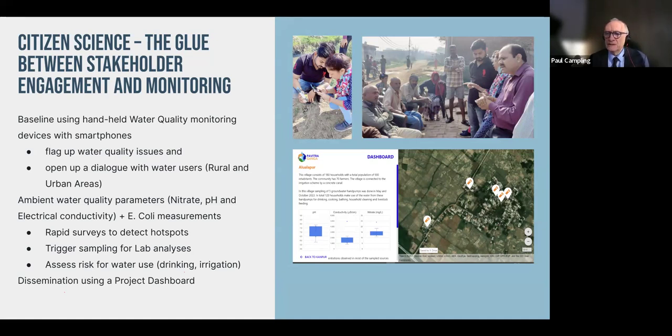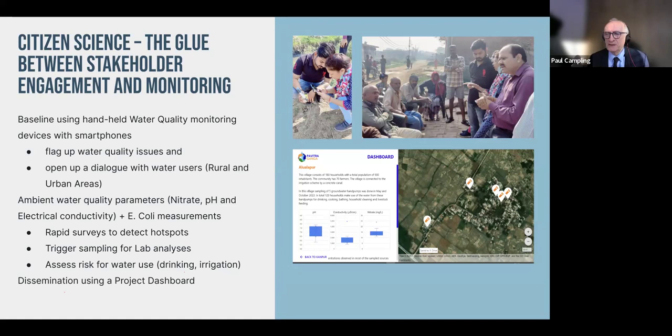With wastewater, it's a very difficult matrix to monitor. So we have basically looked at the ambient water quality parameters in the local groundwater. So we're looking at nitrates, pH, and electrical conductivity. But we've also looked at some of the microbial problems around using treated wastewater for irrigation, so we've taken some E. coli measurements as well in the field.